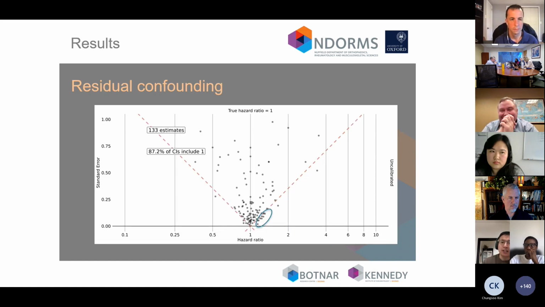However, when we checked the distribution of negative control outcomes, we found that only 87% of estimates covered the null effect, which is a signal of residual confounding. More specifically, most of these significant points are greater than 1, as shown in this circle, which likely biases our final estimates toward a risk factor.